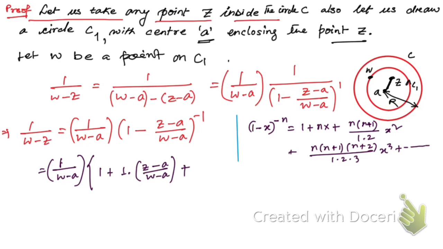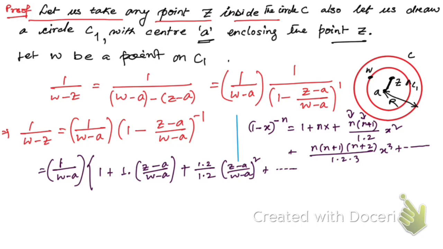Then plus, again we have n into n plus 1, that is 1 into 1 plus 1, which means 1 into 2, and the denominator is again 1 into 2, then x square. So here x square is going to be z minus a by w minus a whole square, and so on. We can continue that way.